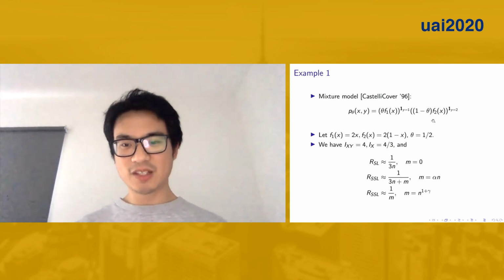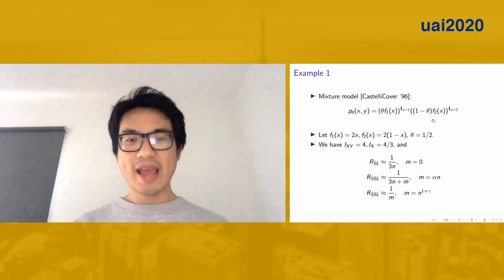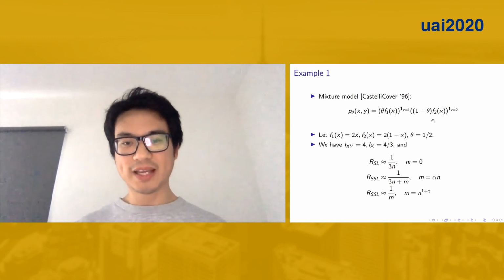In semi-supervised learning, when m is alpha n, we have a slightly faster convergence rate, 1 over 3m plus m, so the m shows here. And when we have many unlabeled data, the convergence rate is faster. That's 1 over n to the 1 plus gamma.